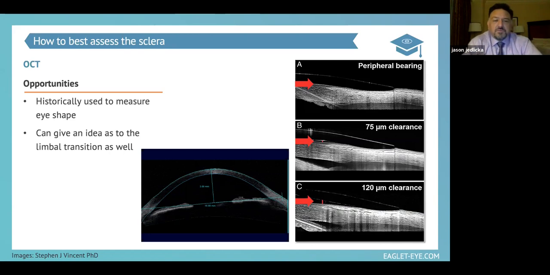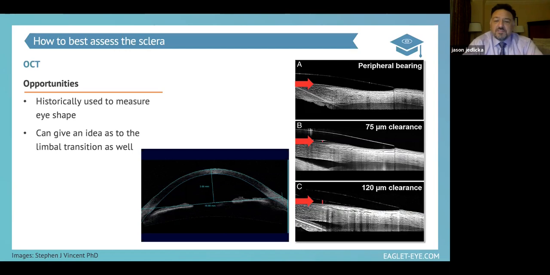But honestly, most OCTs now are moving away from these broad views where we can get a 15 millimeter data cord. Most of our OCTs now are moving towards smaller, more high resolution sections at a time, which don't really help us in the fitting process when it comes to picking an initial lens.